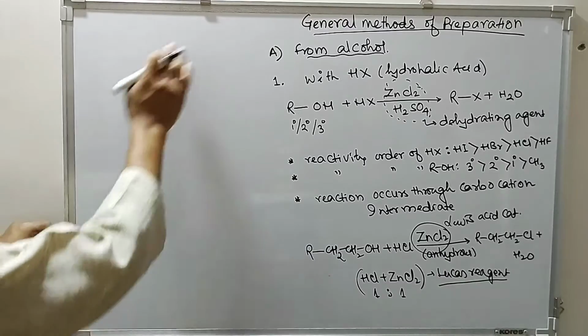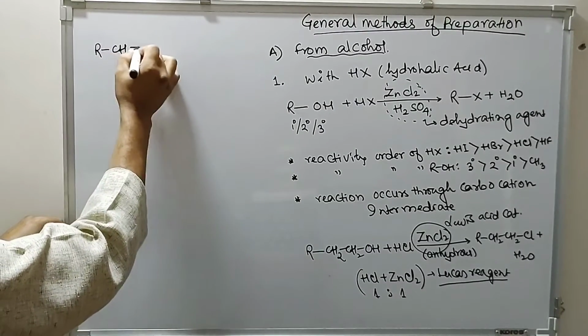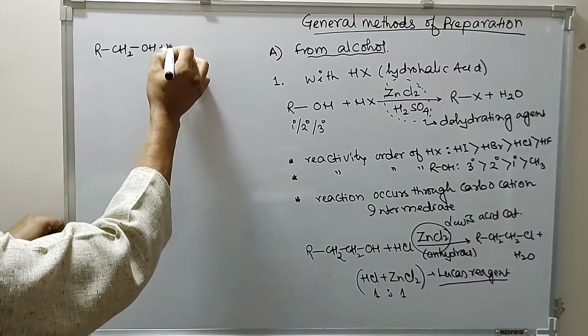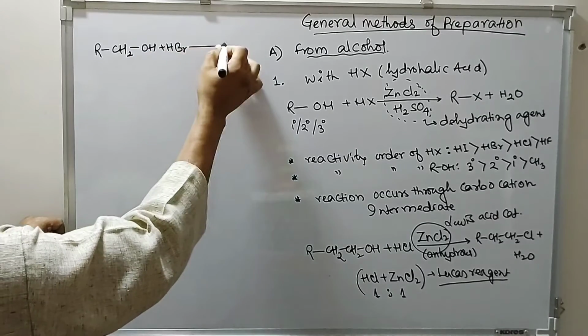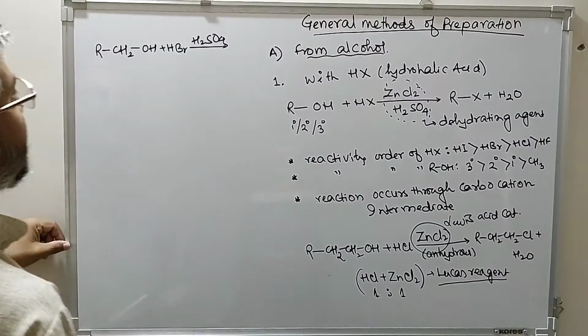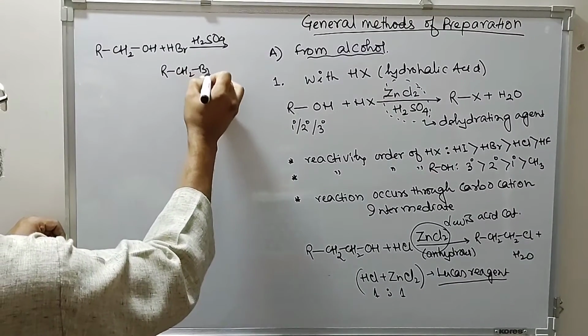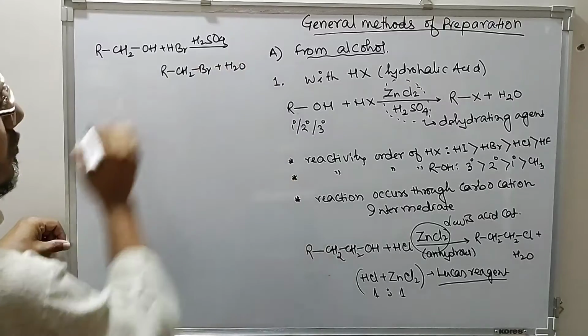Similarly, we can also take RCH2OH, which reacts with HBr in presence of sulfuric acid. This gives you RCH2Br plus H2O.